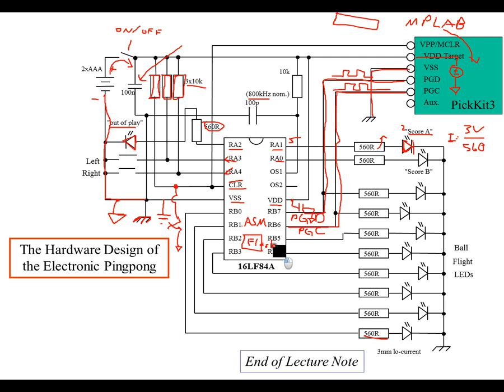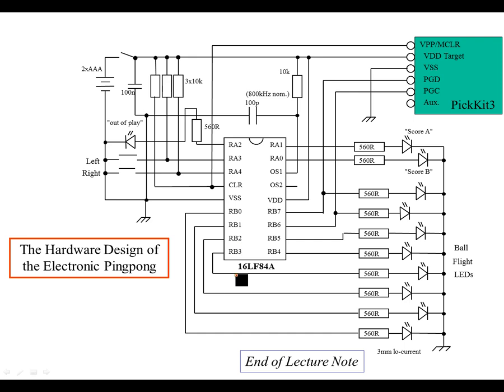Now you can take your PIC kit away, and it's going to be remembered inside here. You also have power, you have everything that you need. The chip has the software inside of it, it has power, it has the clear, the reset is going high, and it has an oscillator, so this chip is completely configured the way it needs to be.